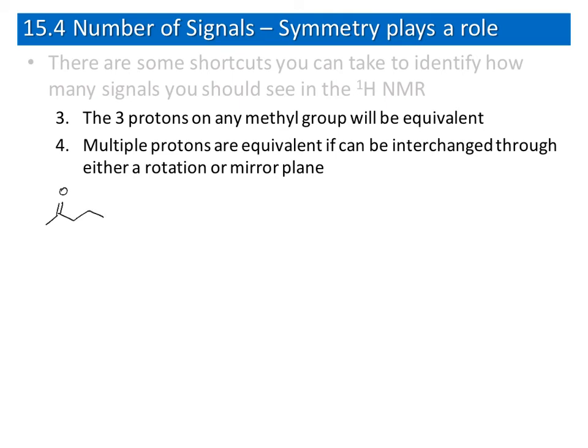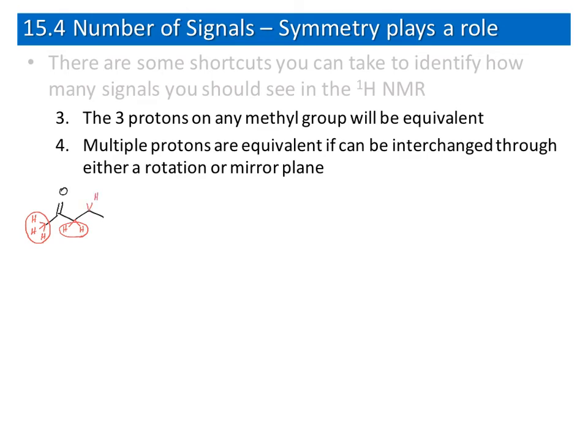So in order to count the number of signals in NMR, we need to know how to identify protons that are chemically equivalent. So basically these three protons, they are the same. So we are going to see one signal in NMR. These two protons are the same. They are going to give one signal.